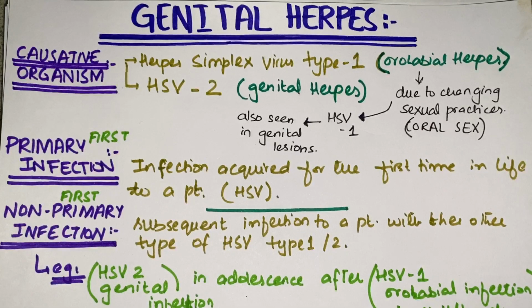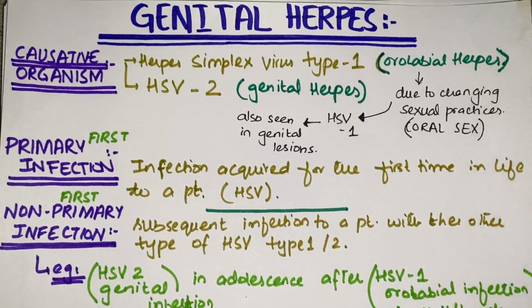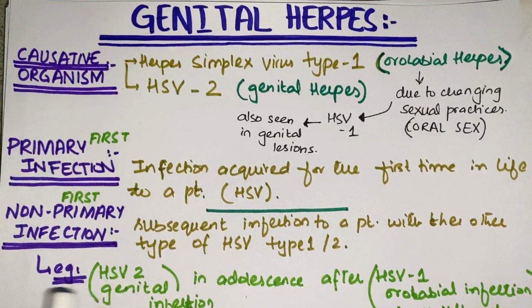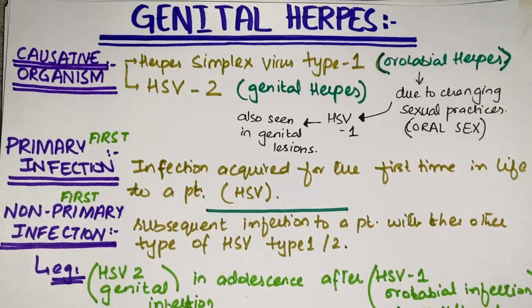But suppose that patient first acquired an HSV1 infection, like an orolabial infection in childhood, and afterward acquires an infection with HSV2, or the other way around. This is a subsequent infection with the other type of virus, and the patient is infected with that type for the first time.